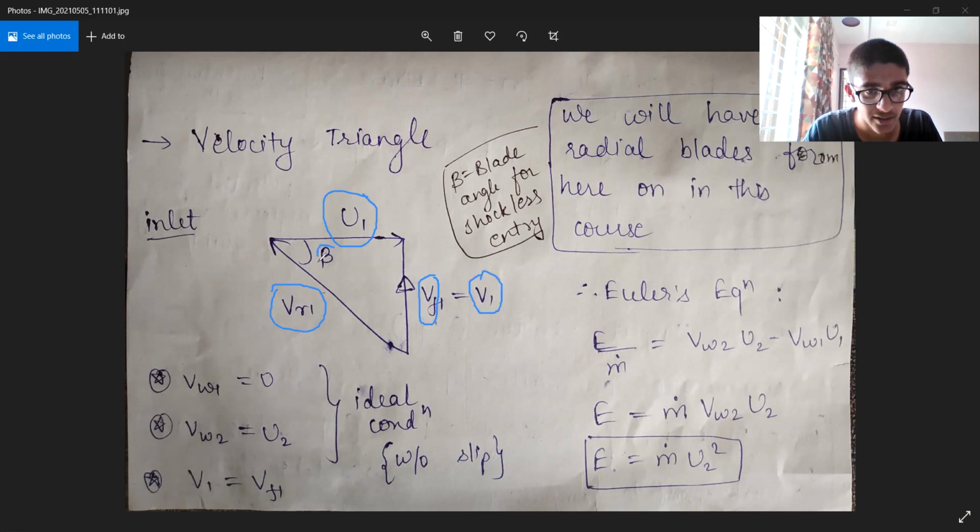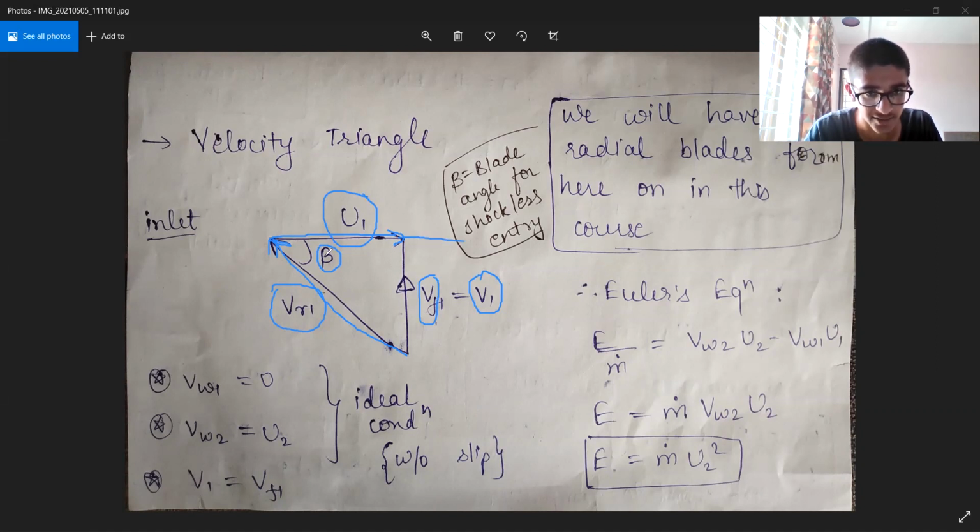Beta is the angle which the relative velocity or the blades will make with the mean speed of the blade. So this is the direction in which the blades are moving. This is the velocity at the blade inlet or outlet. So this angle is the angle beta, and the alpha angle is shown with respect to U again, with respect to the absolute velocity.